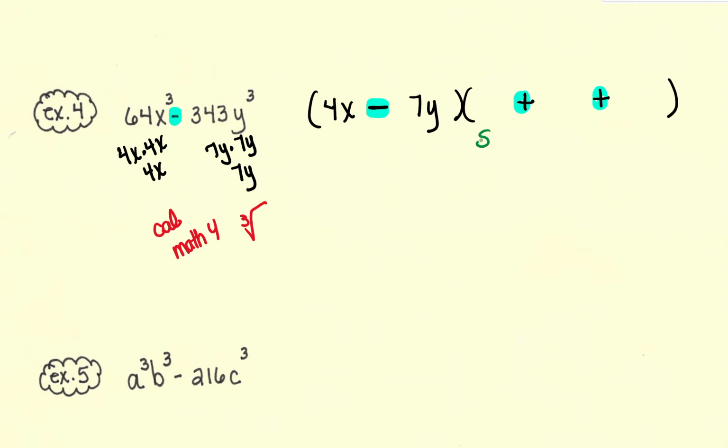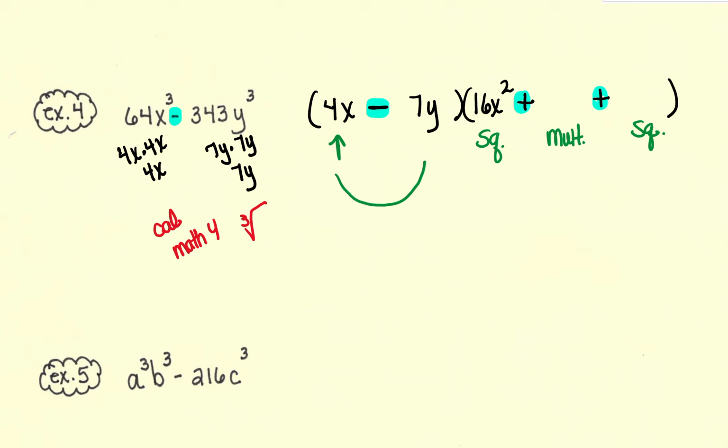Now fill in your spaces with square, multiply, and square. So you're going to look at the first term and square the 4 and the x. So square those and you get 16x squared. Multiply the 2 together.